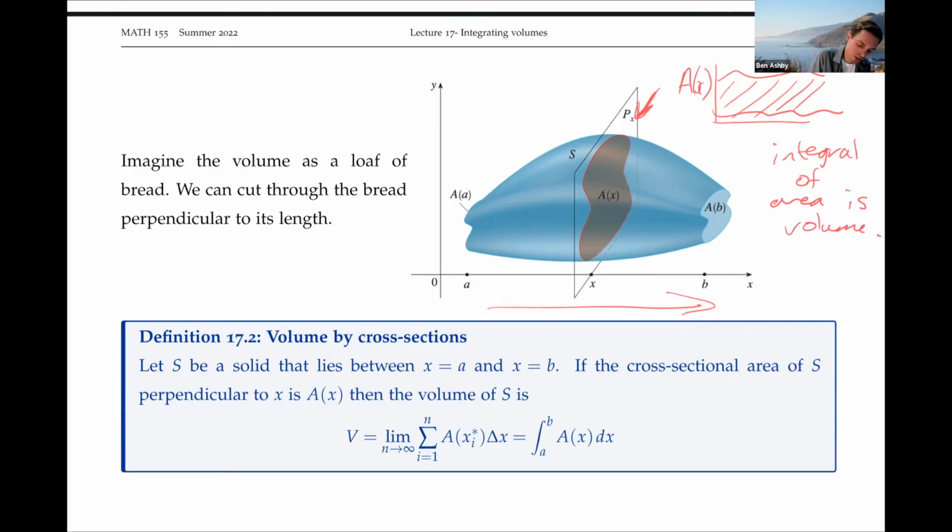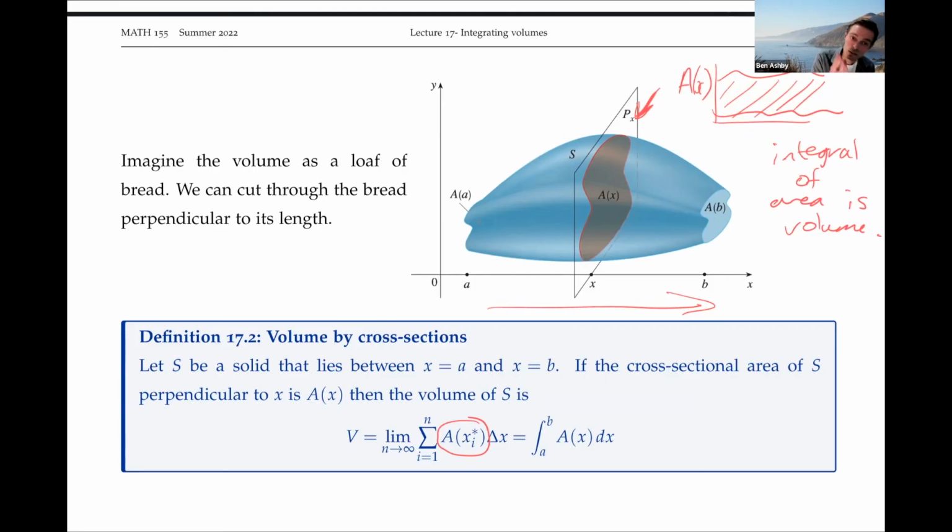So this definition down at the bottom here is essentially just summarizing that. If we have an area for a given cross section, if you imagine we're moving along the length of this object, where you are along the length is given by the x coordinate.